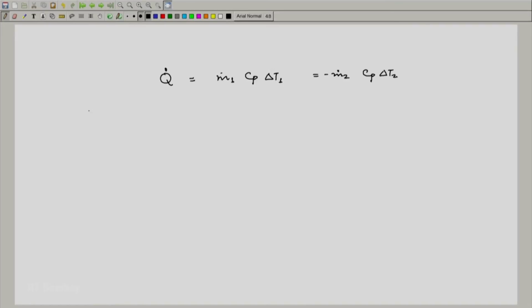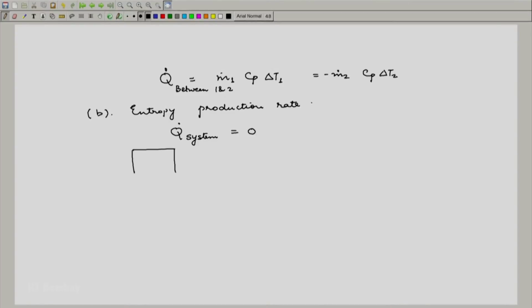What about entropy production rate? So this is part B, the entropy production rate. You see that we have assumed that Q dot is between stream 1 and 2, but Q dot for the entire open system we assumed is equal to 0.